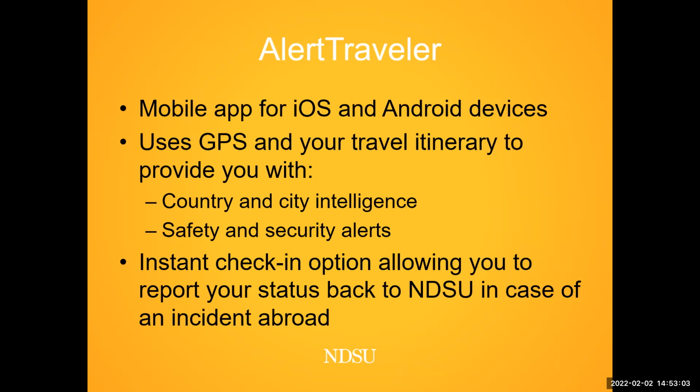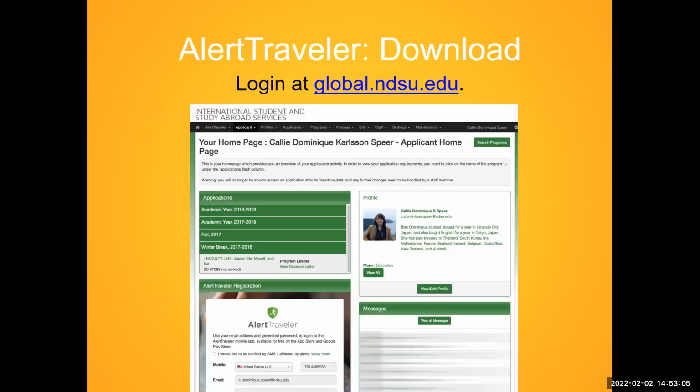We'll walk through how to download it quickly here. Like I said, within your application, you would just download the app first, then you would log into your application via this link. Your applicant home should look something like this. You'll see the Alert Traveler down at the bottom here, where you would input your mobile number and then your email as well.